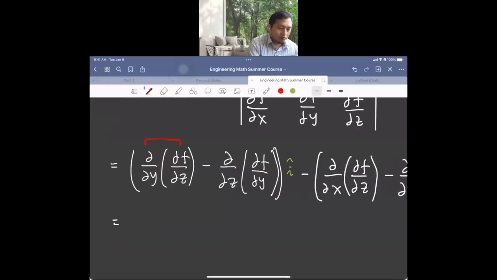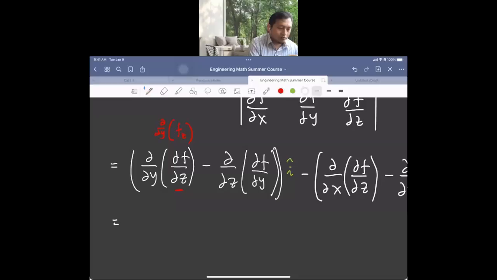First we are going to take the partial of this. So we can say this is partial f, partial z, the derivative with respect to z, and then we take the partial again with respect to y.